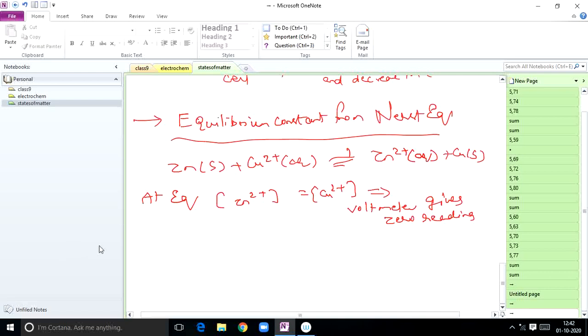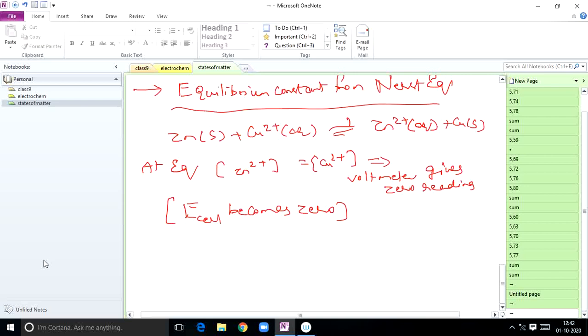So when the voltmeter gives 0 reading, what happens here? When both the concentrations are equal, EMF of the cell becomes 0 actually, because voltmeter is showing 0 reading. So you apply this here.